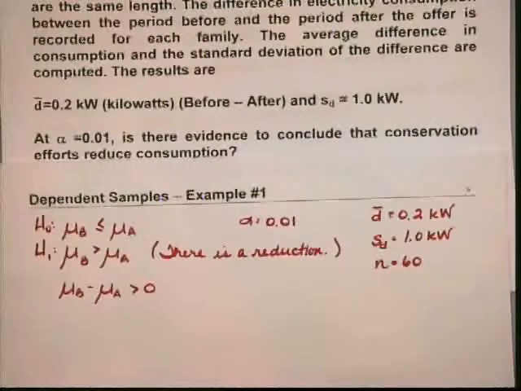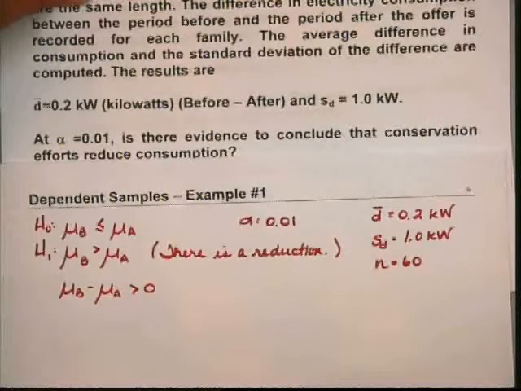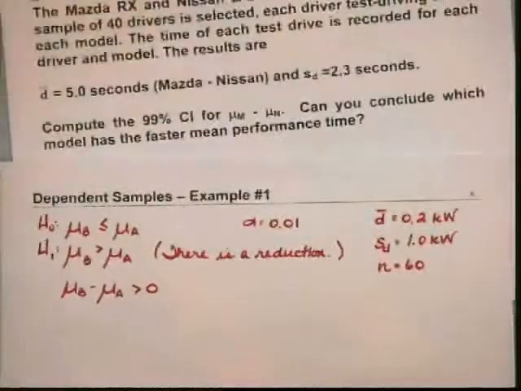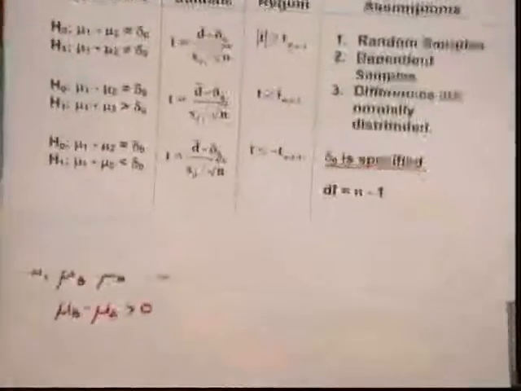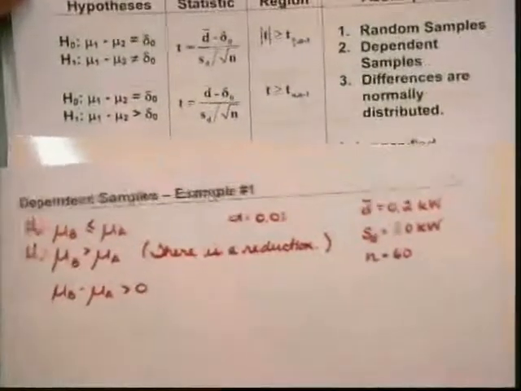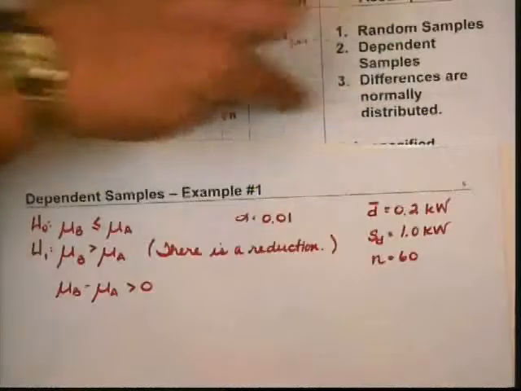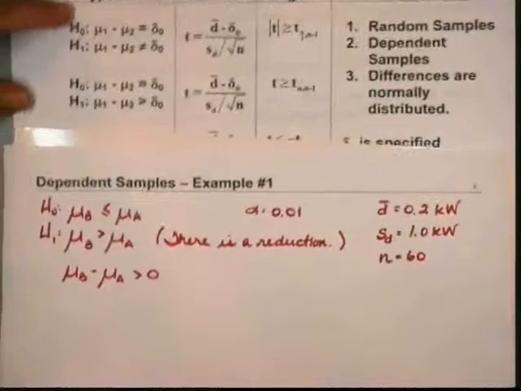Now, even though n is 60, just stay on the t-tables, because you know t approaches standard normal, so we'll just stay on the t-tables. So this is what we have right here. Agreed?